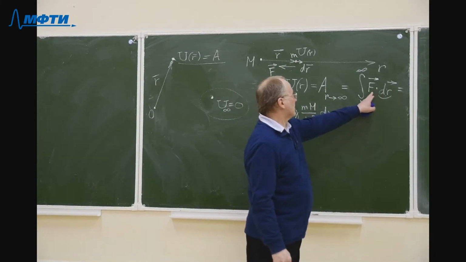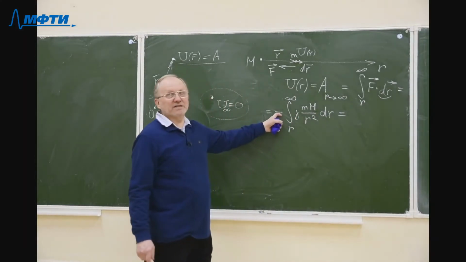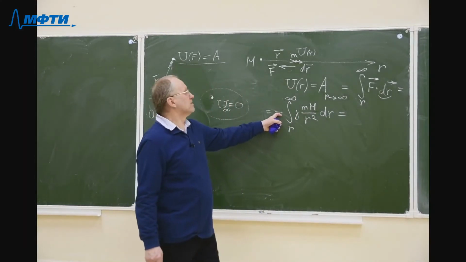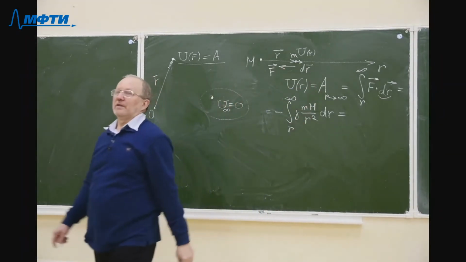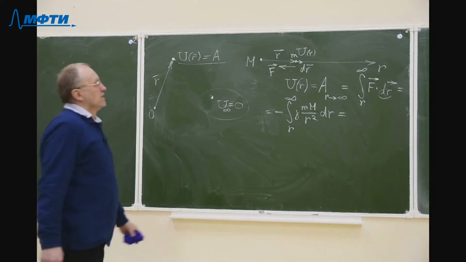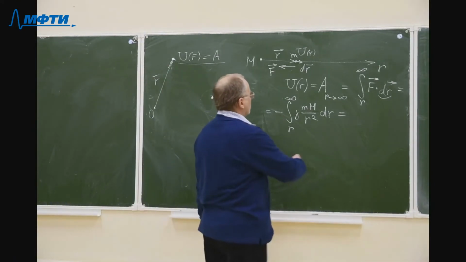I go from vector form to scalar form and immediately take into account this minus sign, because these two vectors F and dr are oppositely directed. So the scalar product will certainly be negative. And now I have to calculate this integral.